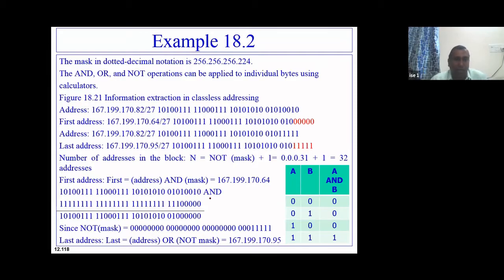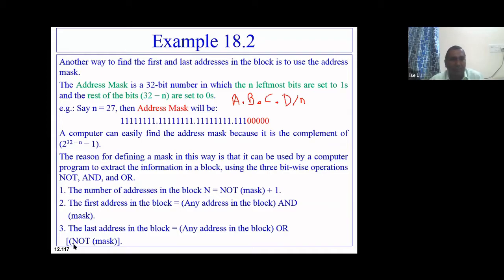Now I have a formula for the last address. You got the idea? The last address formula is given as any address in the block ORed with the NOT of the mask. NOT of the mask means the first 27 zeros followed by all ones. So this is the formula.